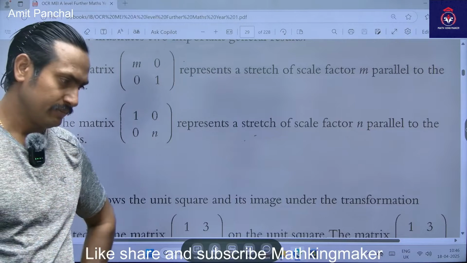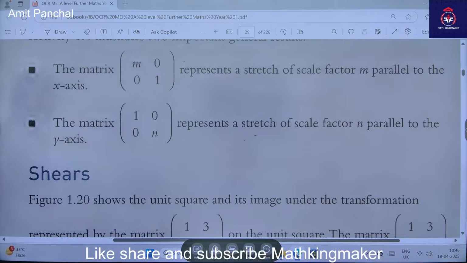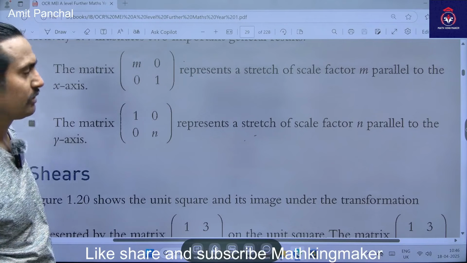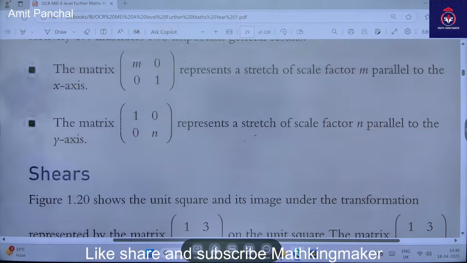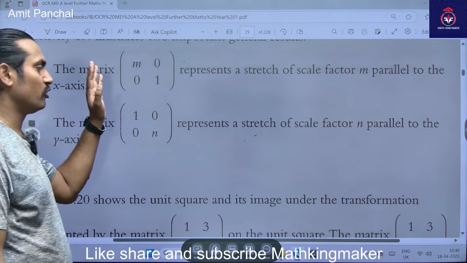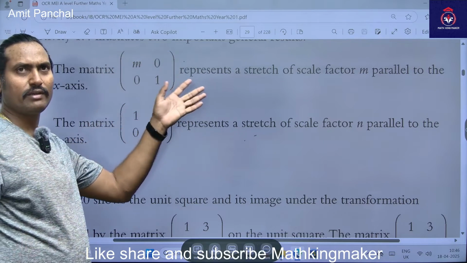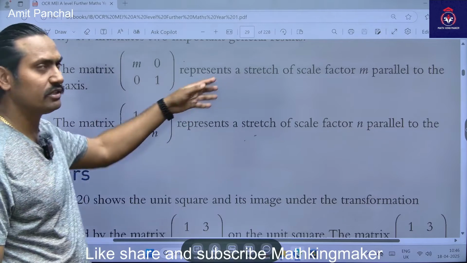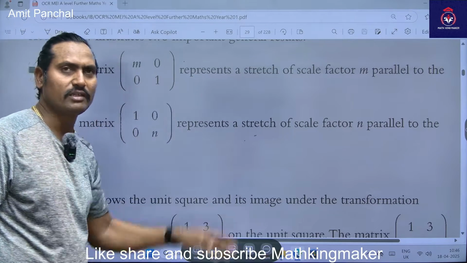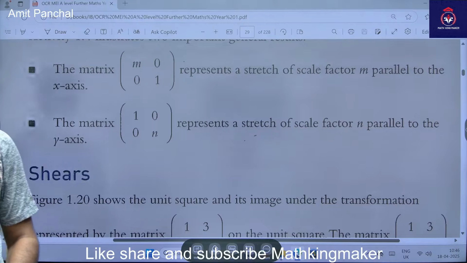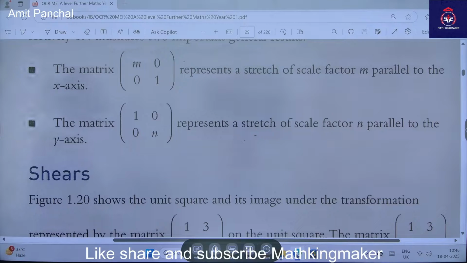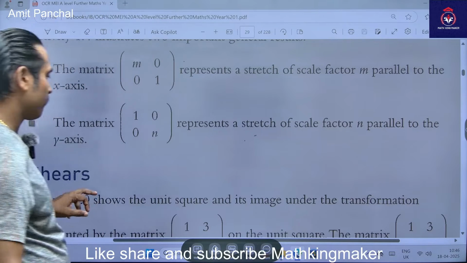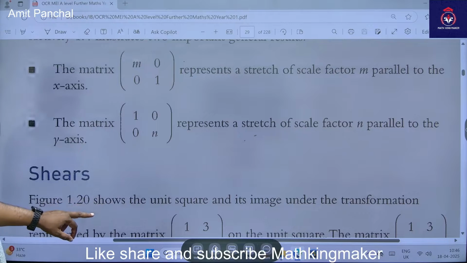If theta is replaced by minus theta, cos will not be affected, only sin will be affected. That's why just the sign of sin theta will change, and cos theta will not change.